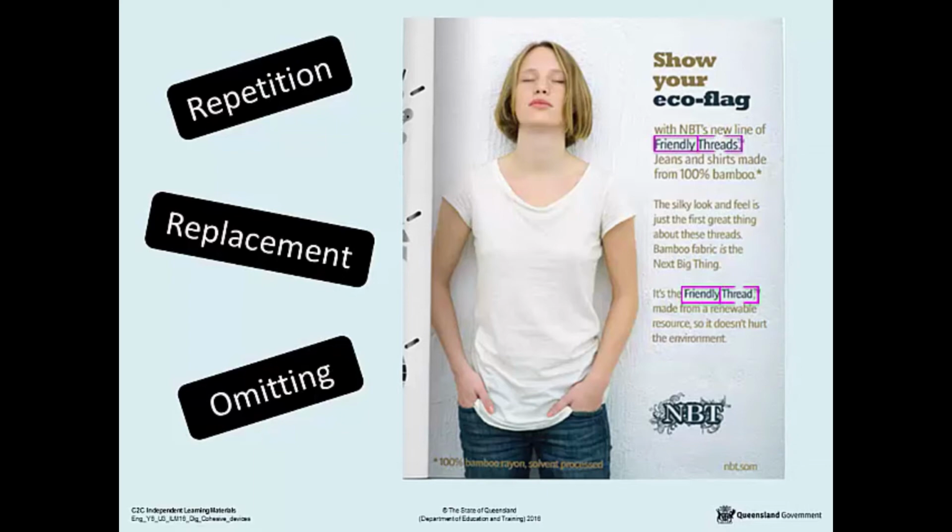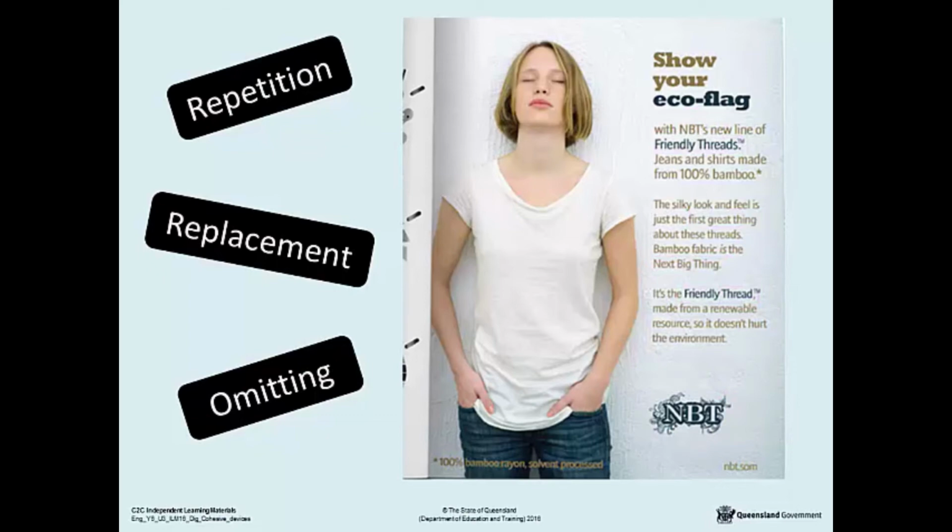The word threads has been repeated as well to make it clear that the product is clothing. Thing has been repeated in the sentence, the first great thing. This is to link it to the company name, the next big thing. NBT, the company logo, is also repeated. This repetition links all of the text together and highlights the key ideas.